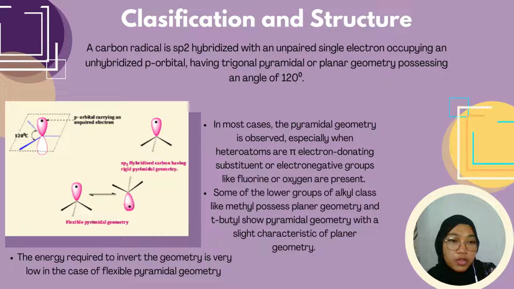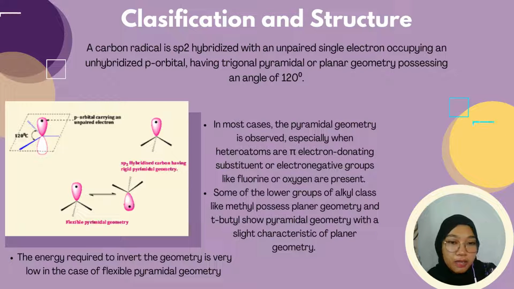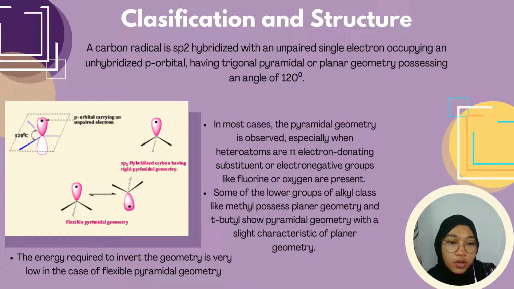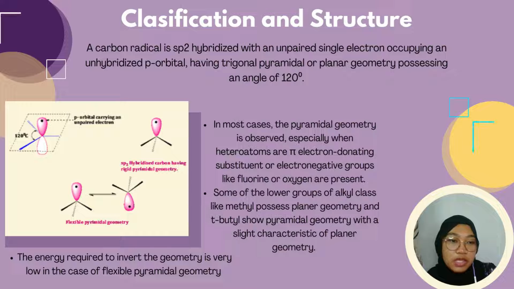However, some of the lower alkyl radicals like methyl possess planar geometry, and tert-butyl shows pyramidal geometry with a slight characteristic of planar geometry. The energy required to invert the geometry is very low in the case of the flexible pyramidal geometry.